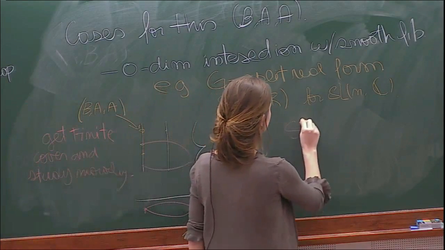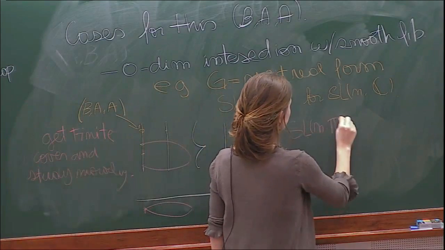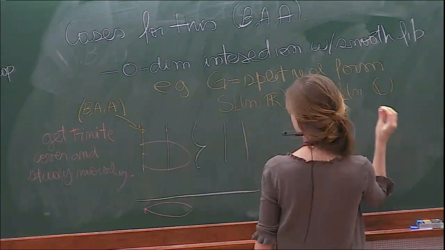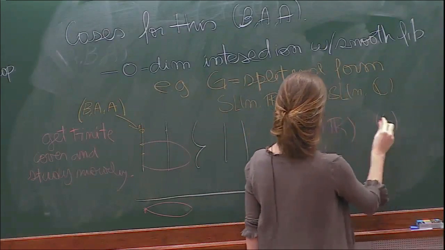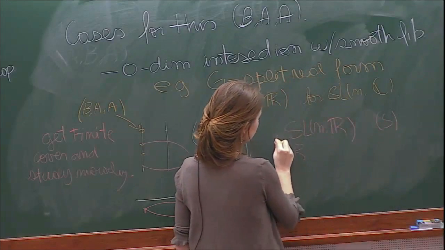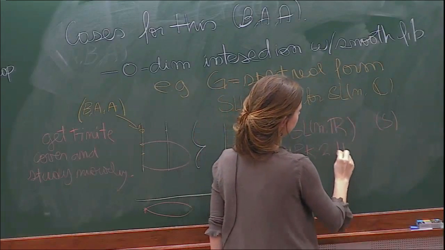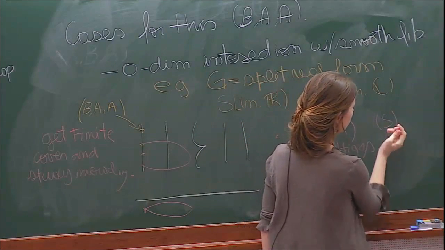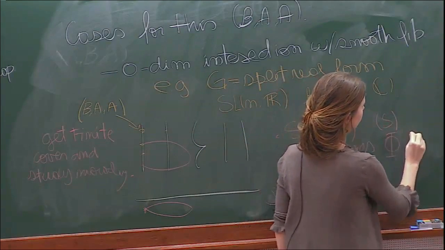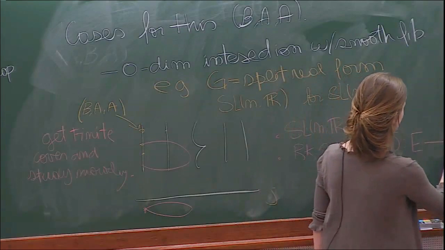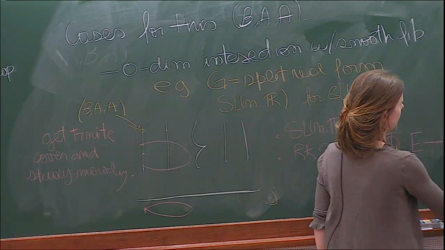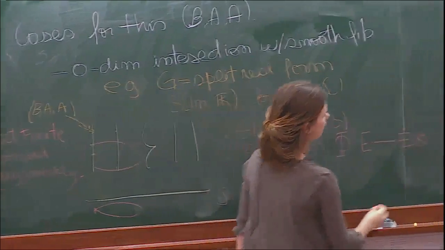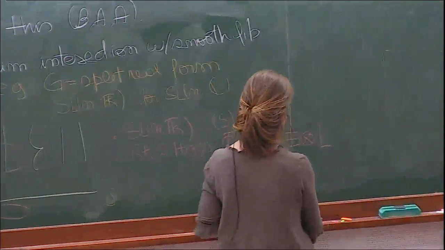In the case of SL(n,R), we know it. I did it a few years ago. In the case of any rank 2 Higgs bundles, and with any twist, so Higgs bundles where the Higgs field phi, and we saw some examples already this week, the Higgs field phi goes from E, instead of from E to E tensor K, it goes to any line bundle.